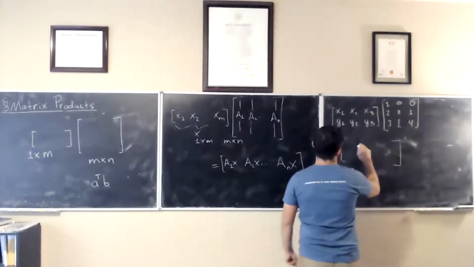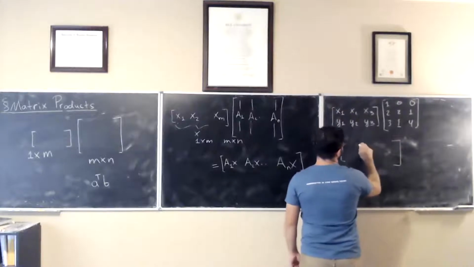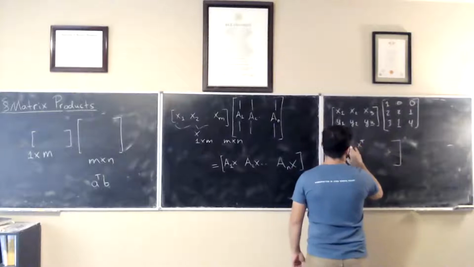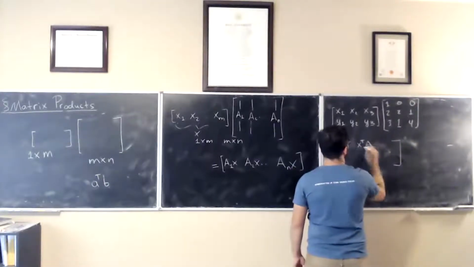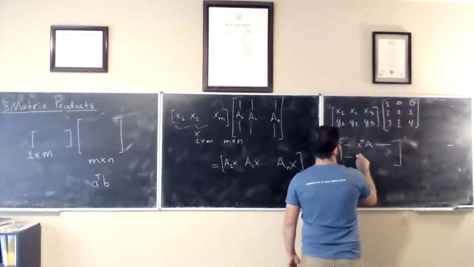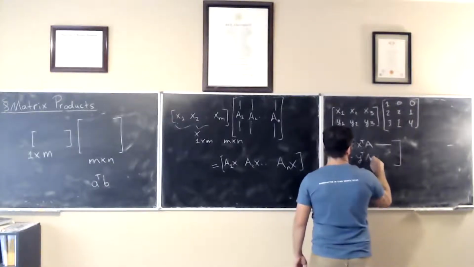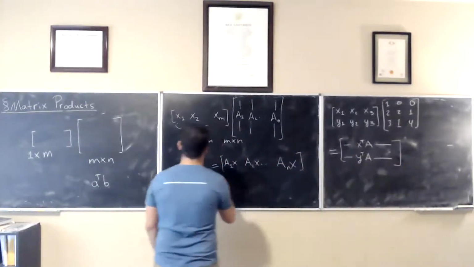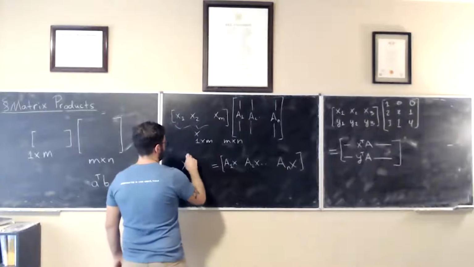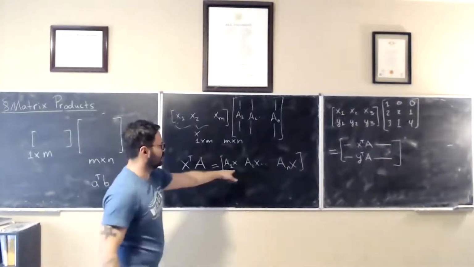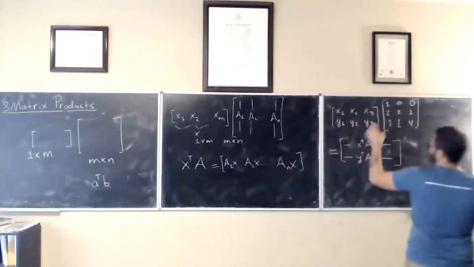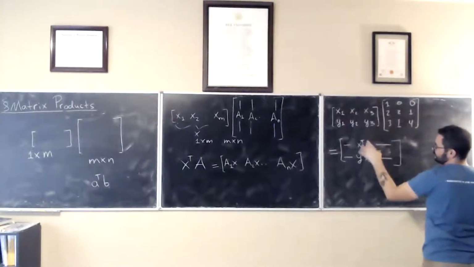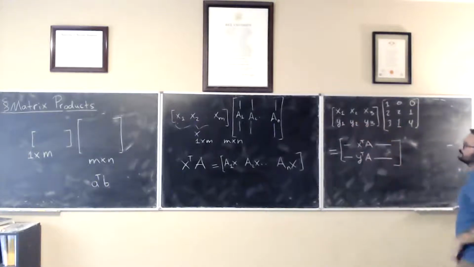So if X is that row, it's like X transpose times A, and here this would be like Y transpose times A. Because this whole row here is X transpose times A. That row goes there. This row times A goes there. Second row times A goes here.